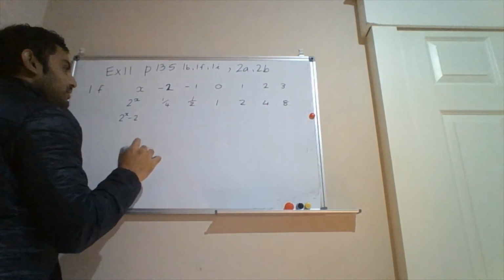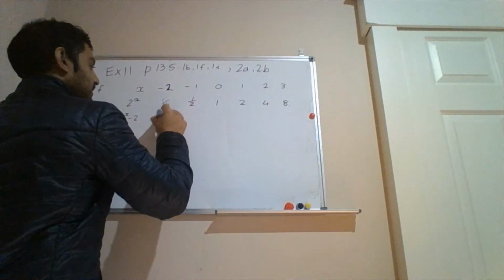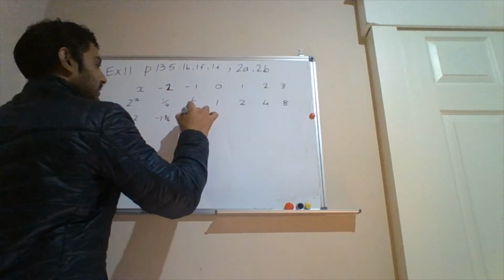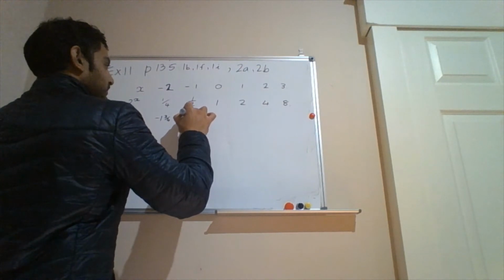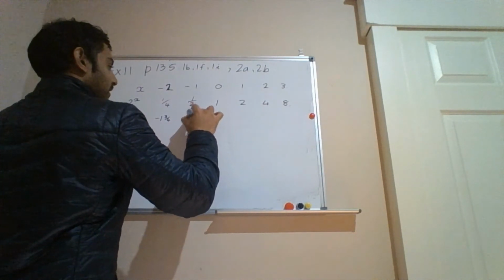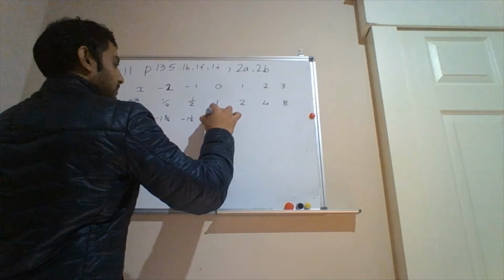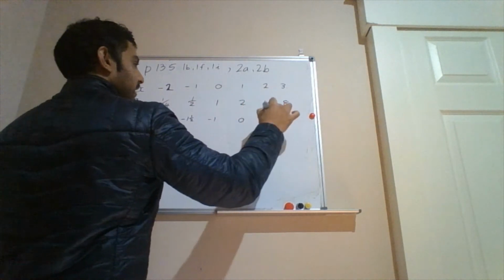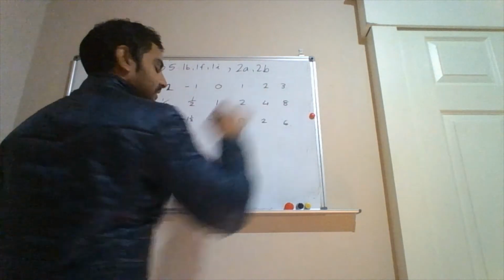And now I subtract 2 from each, so I'm going to get -1 3/4, -1 1/2, -1, 0, 2, and 6.